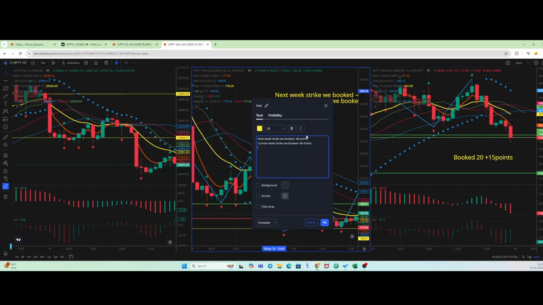Hence the lesson is: always trade with the current week during expiry.